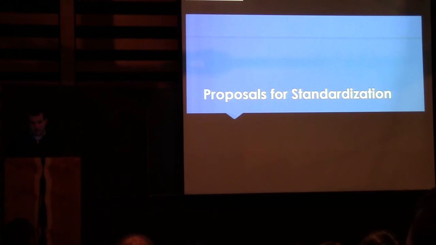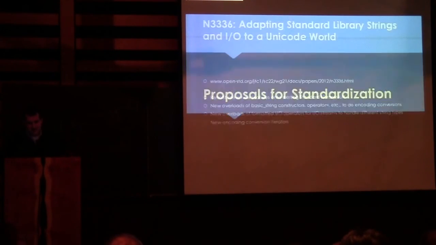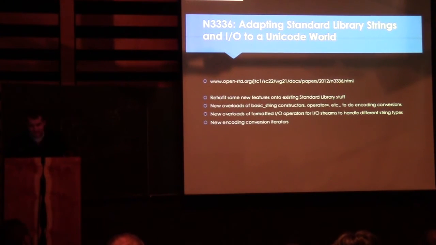So the standard library support is fairly poor. What has been proposed for standardization? There were 2 proposals that I found. One of them, that Beeman wrote, is a proposal to adapt the standard library strings to support Unicode a little better, and specifically to support different encodings.